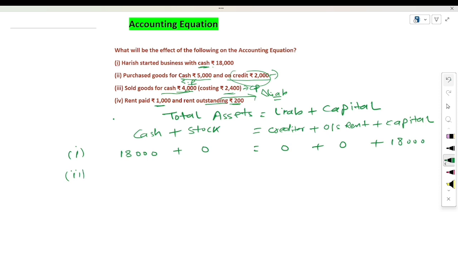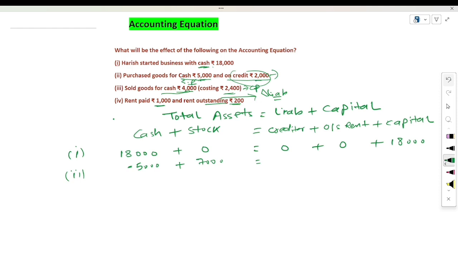From the second transaction, purchase goods for cash how much? 5,000, and on credit how much? 2,000. It means your cash will be reduced by 5,000 because he is paying 5,000 in cash. How much stock is coming? Cash stock 5,000 and credit stock 2,000. It means stock value will be 7,000. 7,000 stock we are purchasing.